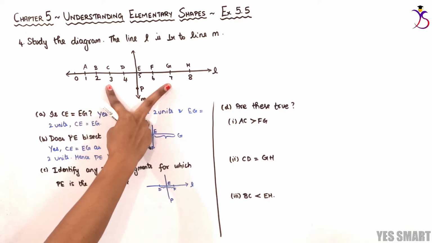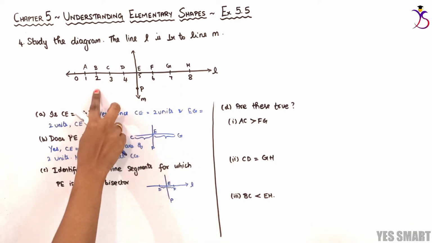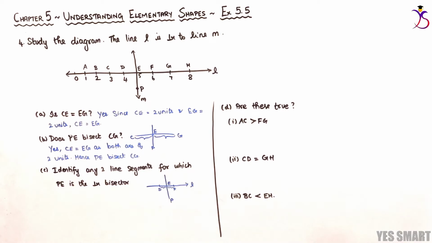Similarly, the next two points CG, then the next two points BH can also be included, because from the point E, C is 2 units. That is, CE is 2 units, EG is also 2 units. Similarly, from the point E, if we travel a little far, we will reach the point B, which is 3 units. The same way, on the right hand side, we have H, that is also 3 units.